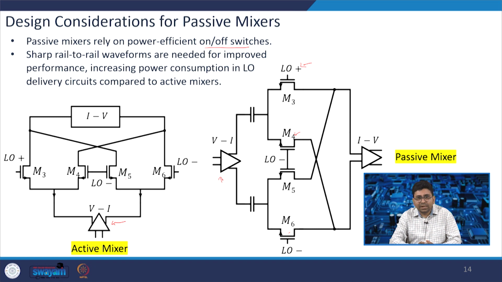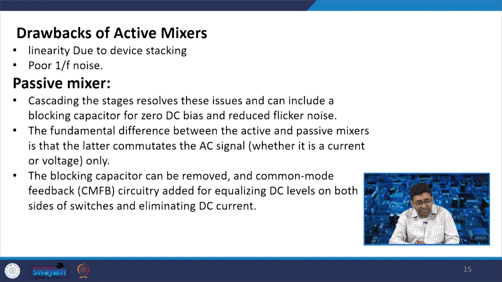Effectively it increases the power consumption in the LO delivery circuit compared to the active mixer. In an active mixer you do not require that much LO power, while in a passive mixer you require a high LO power. However, we have an advantage.